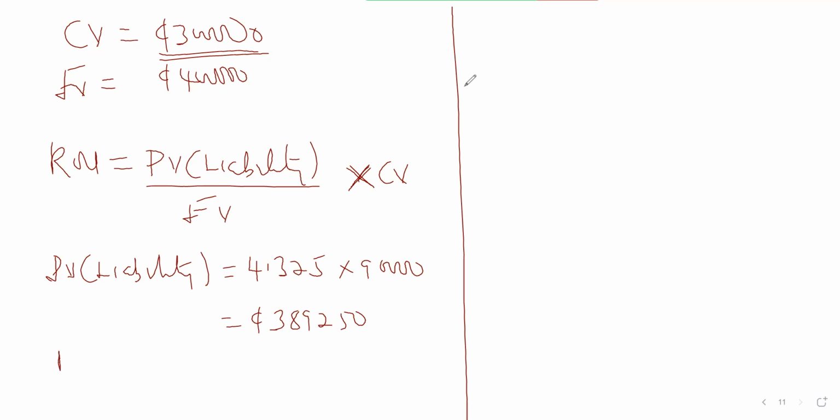So let's calculate the right of use now. The right of use will be calculated as 389,250 over 400,000 times the carrying value, which is 300,000. The cumulative factor for 5 years is 4.329, not 4.325.